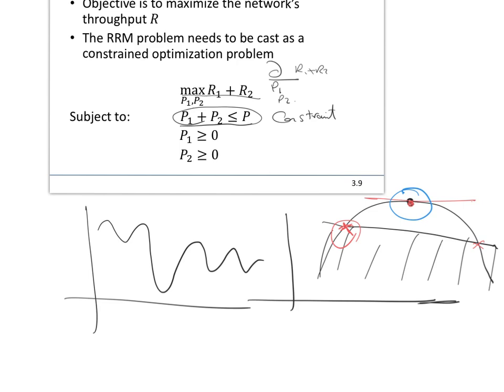If the function looks like this, then you have multiple points where the slope is 0. We call them local maxima or local minima. If you want to maximize the function, then it should be one of these points, in which case the derivative will not help you that much.